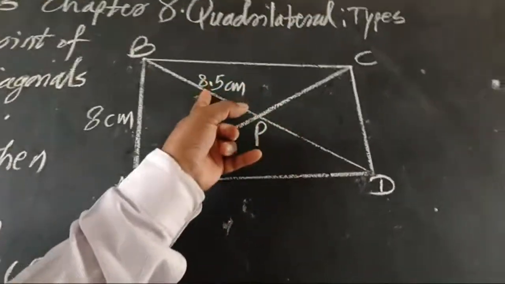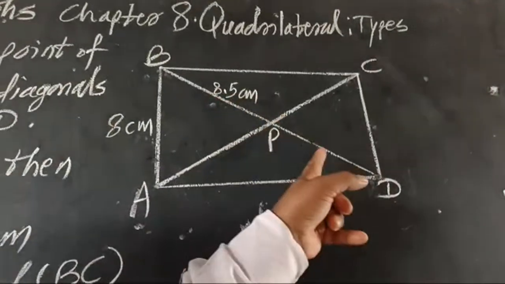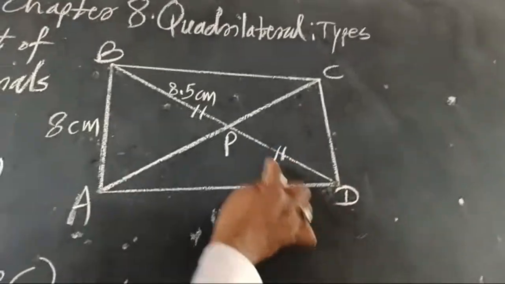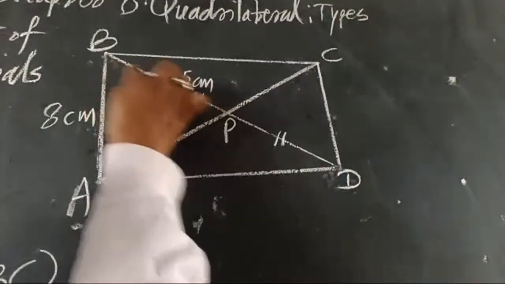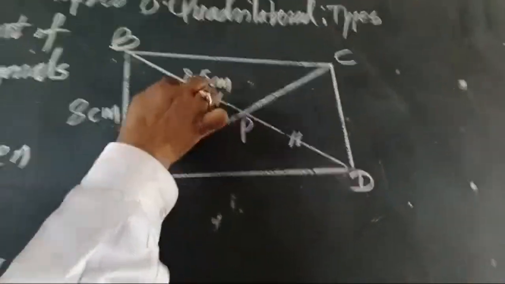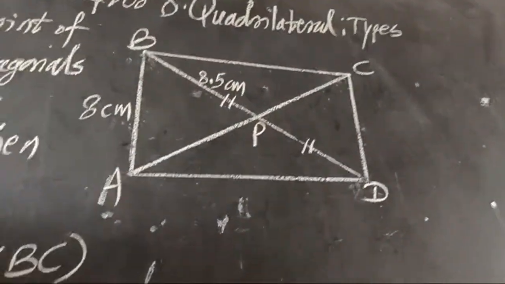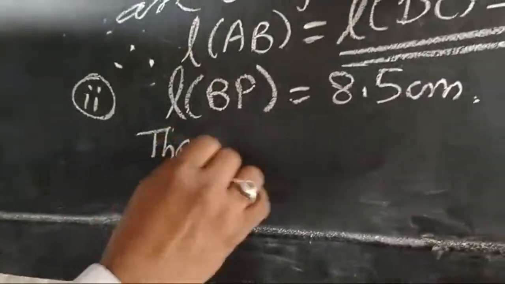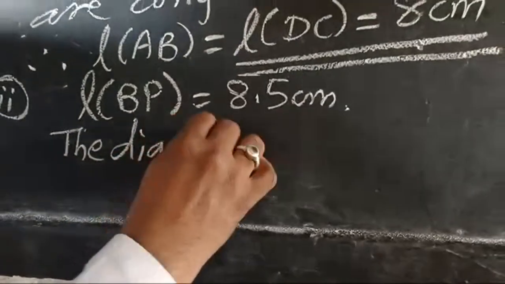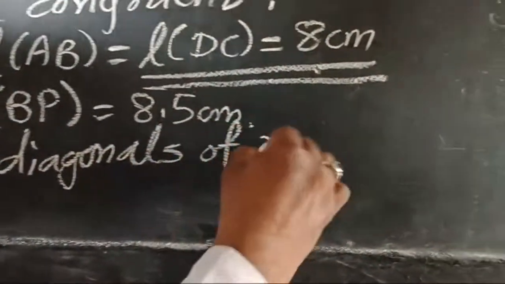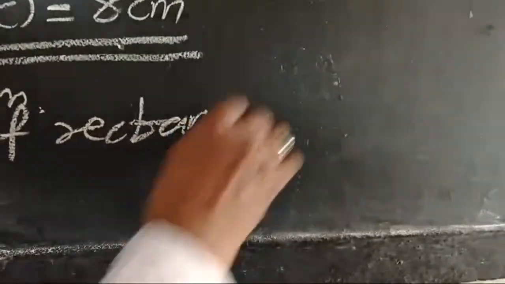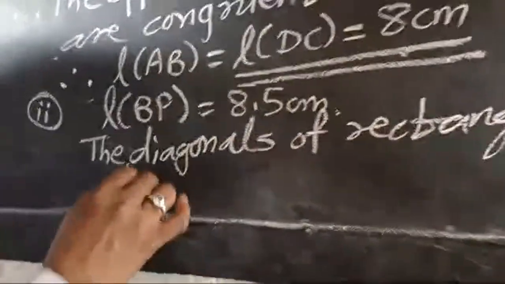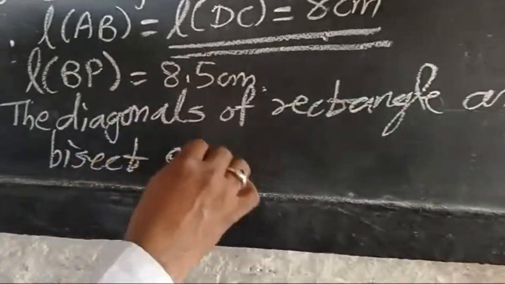Bisect means these two parts are equal, and the total big part is how many times this part? Here we write the conclusion. What is the conclusion? The diagonals of a rectangle bisect each other.